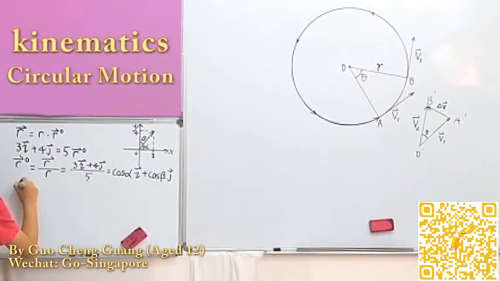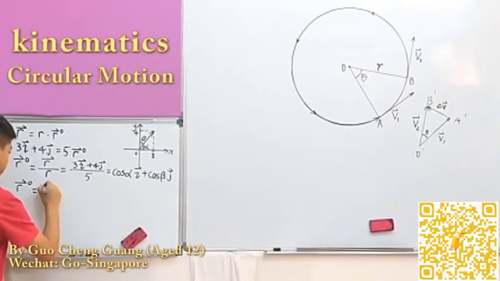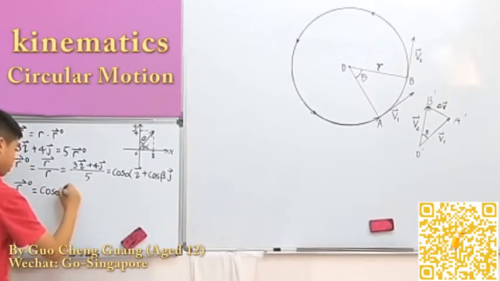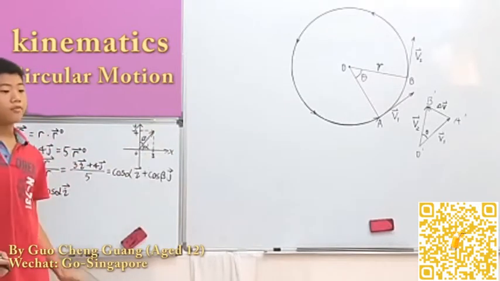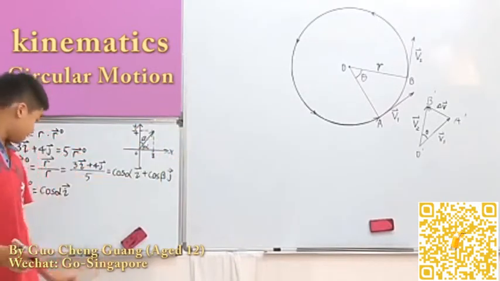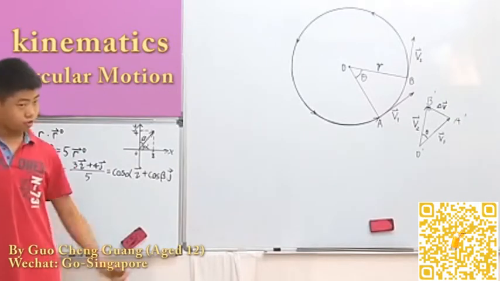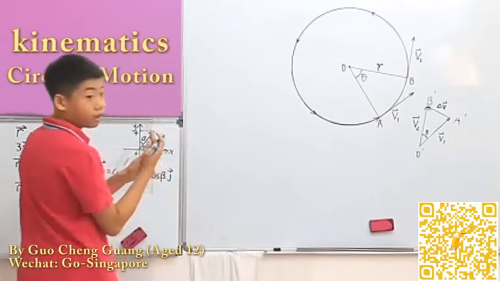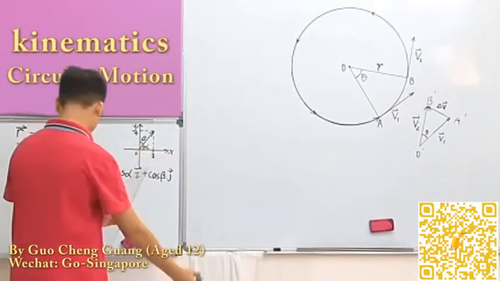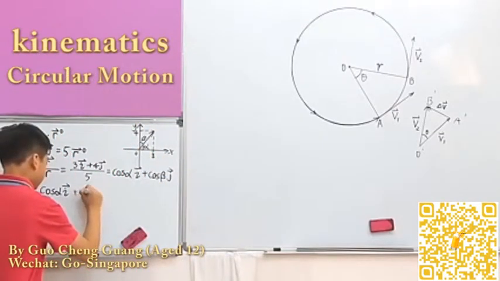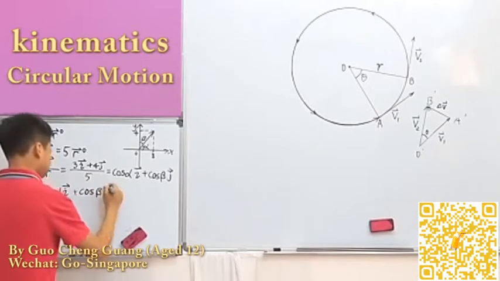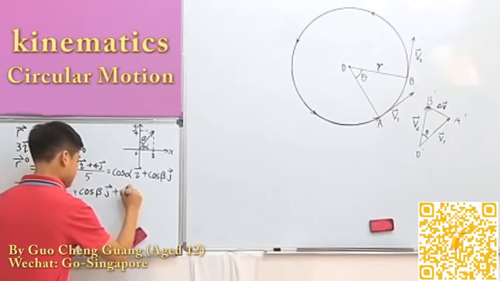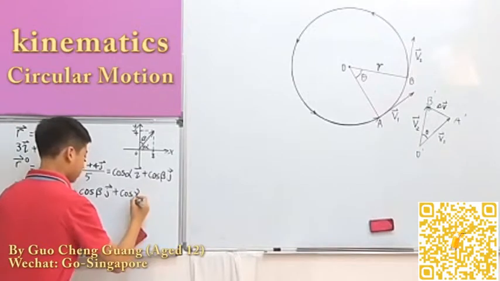So your direction here will be still there's an alpha, the angle the vector makes with the x-axis, then cosine beta, the angle with the y-axis, and then we have a cosine gamma.